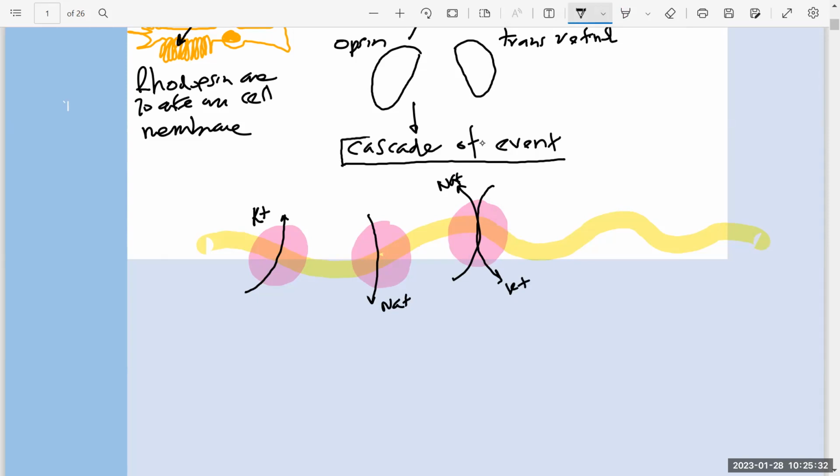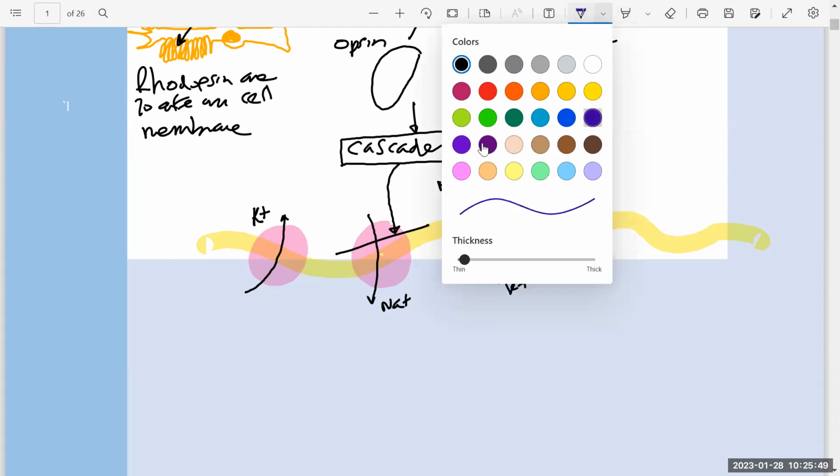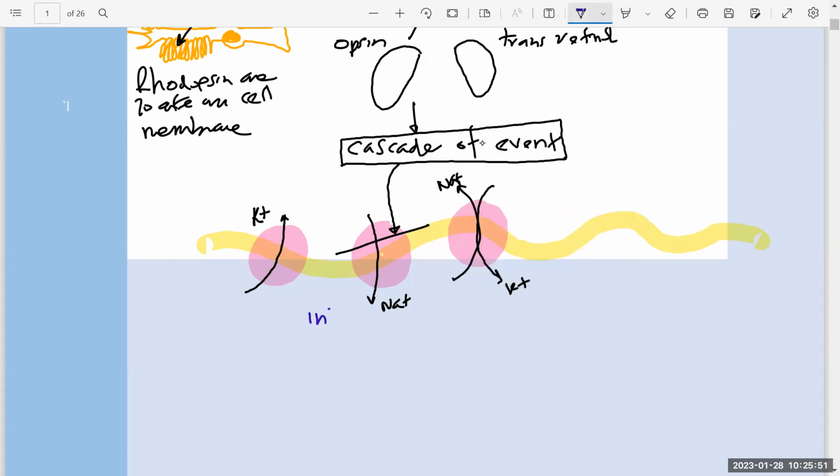Now this cascade of events is responsible to close the sodium channel. So this, let's say, inhibits the sodium channel. Right.